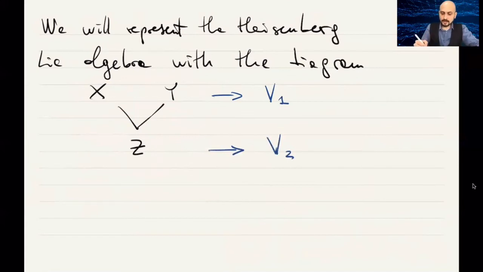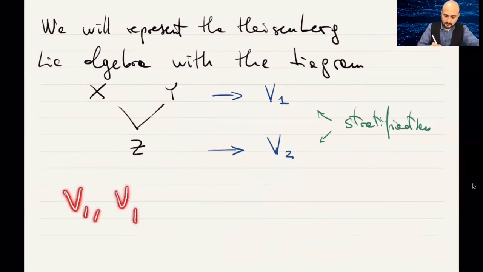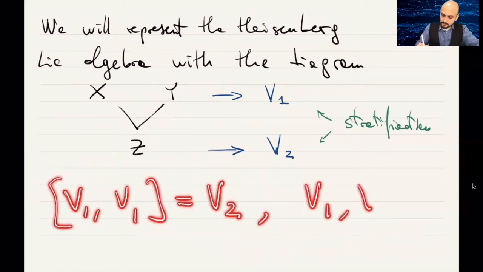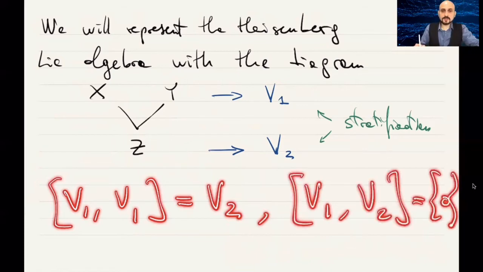And this will be a stratification. So we have to check that V1 bracket V1 is equal to V2, and that V1 bracket V2 is 0. Therefore this is a stratification of step 2.